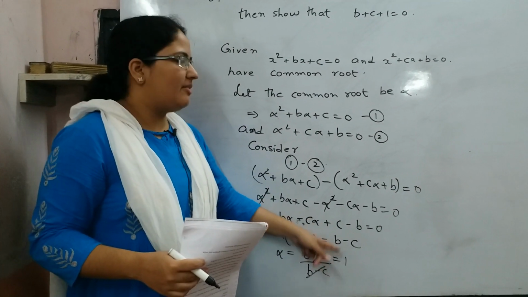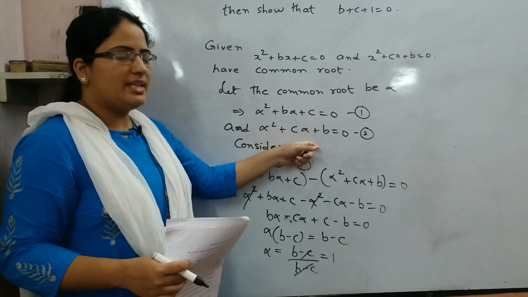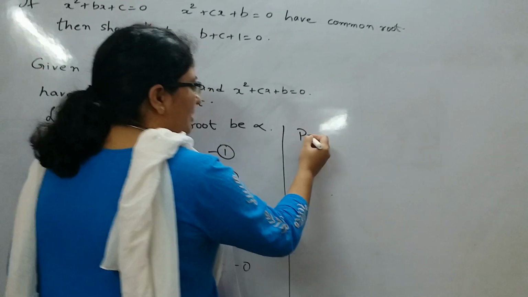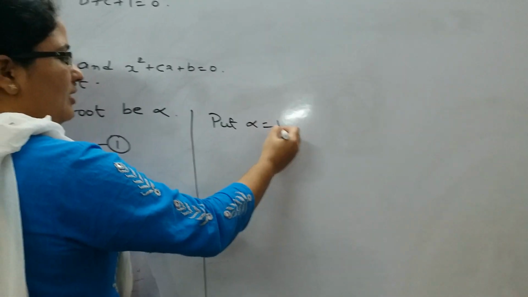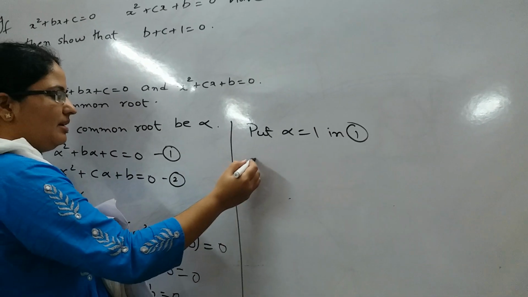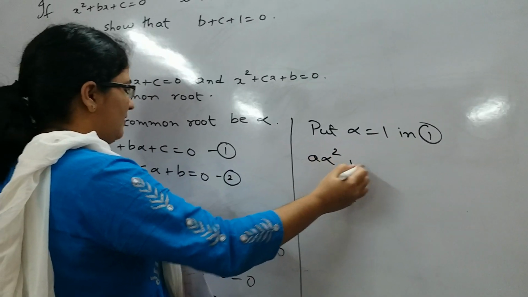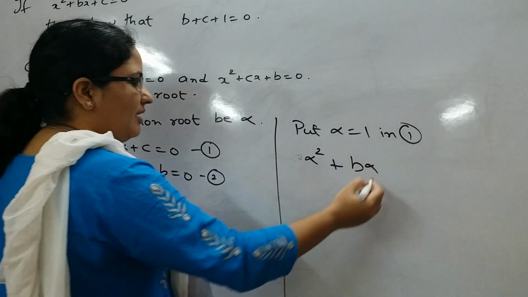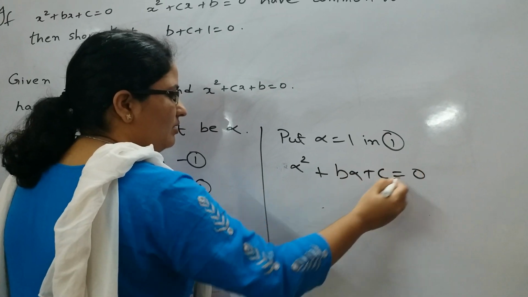Let us substitute this alpha value in the first equation or second equation. Put alpha is equal to 1 in 1. What is the first equation? Alpha square plus b alpha plus c is equal to 0.